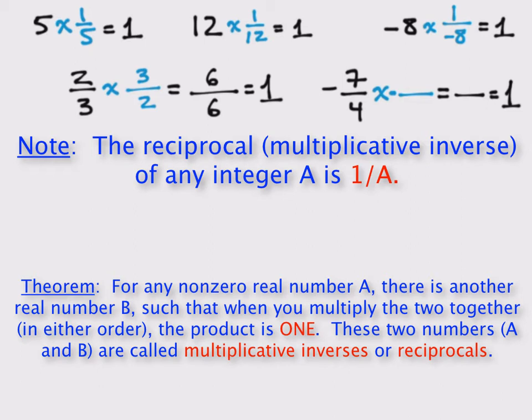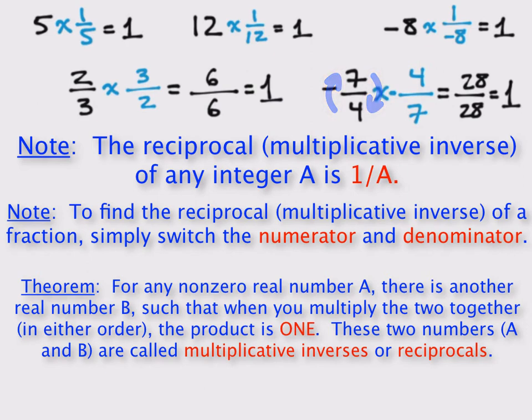Similarly to the last example, if we multiply 7 by 4 and multiply 4 by 7, we'll end up with a fraction 28 over 28. Of course, it's going to be positive because we've got a negative times a negative, so that'll be positive, and that's equal to 1. So the reciprocal of negative 7/4 is negative 4/7. Again, we just switch the numerator and denominator. And in general, if you're ever trying to find the reciprocal or multiplicative inverse of a fraction, all you've got to do is switch the numerator and denominator.